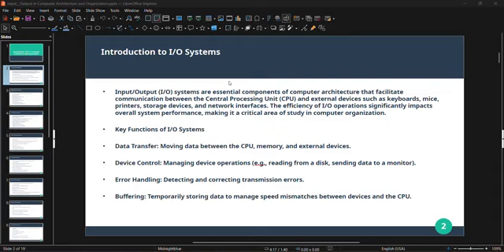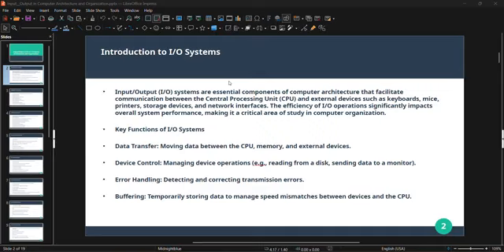So first of all, we need to know what input output systems are. Input output systems are essential components of the computer architecture that enable communication between the CPU and external devices. So what are these external devices? We have keyboard, mice, printers, and all that, right?